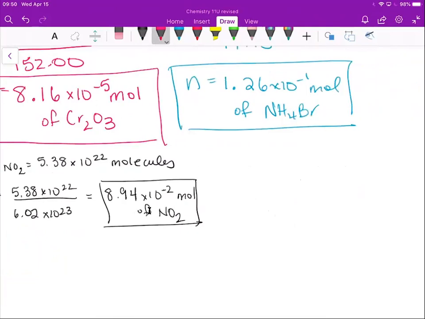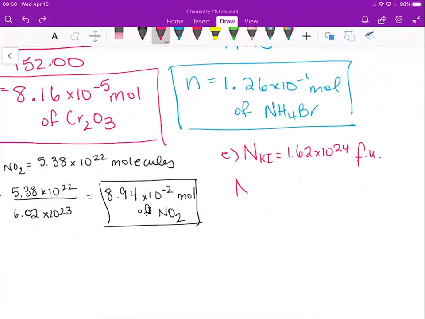And then E. Number of formula units of potassium iodide, 1.62 times 10 to the 24 formula units.